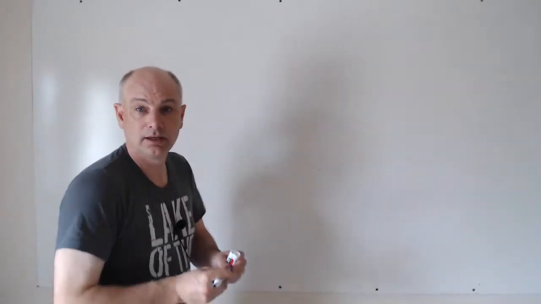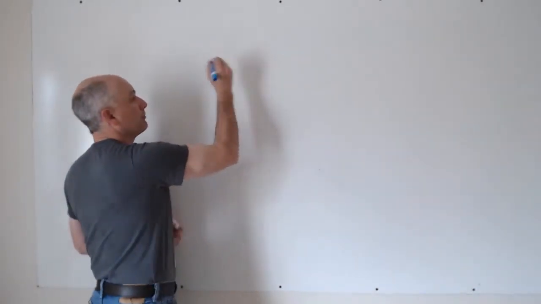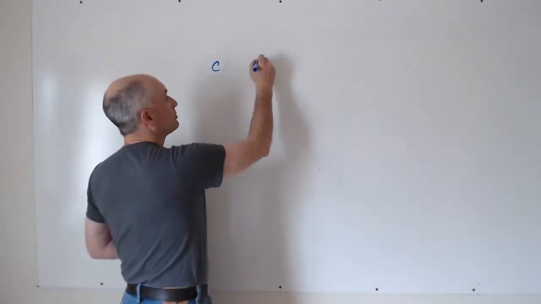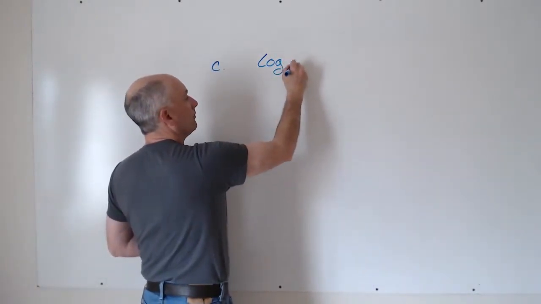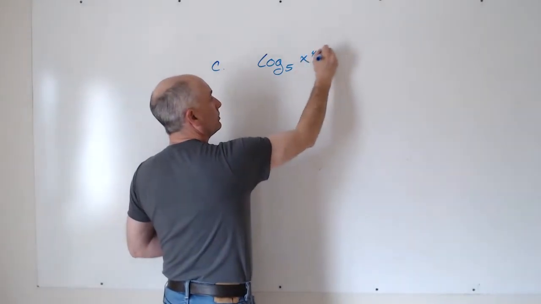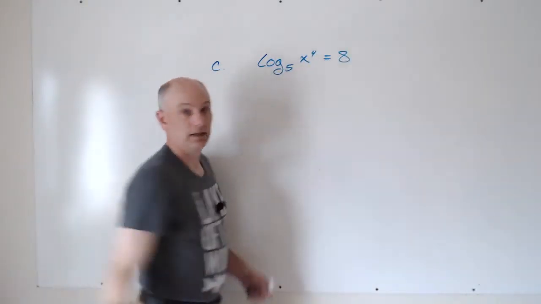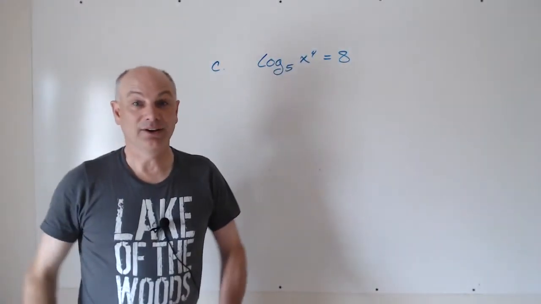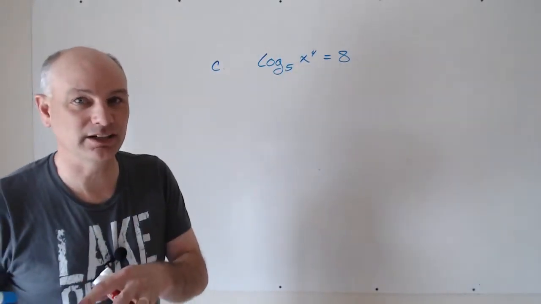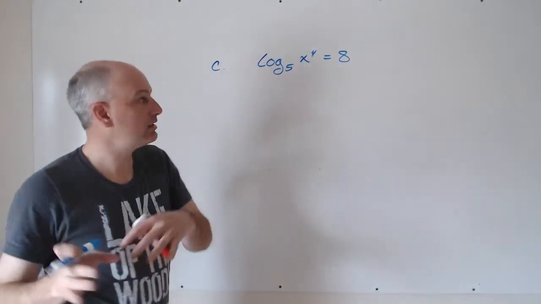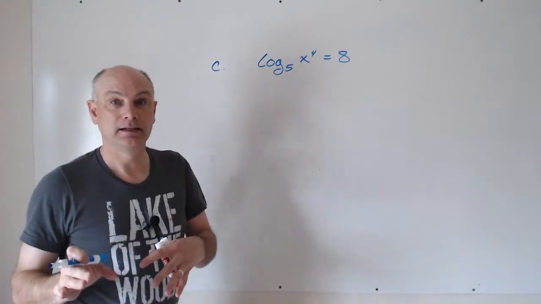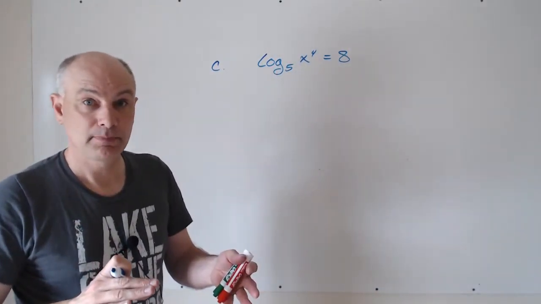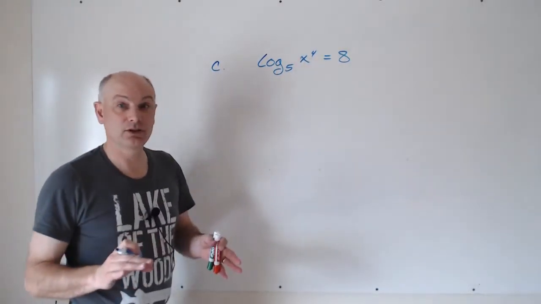There we are. All right, so look at the third one. In the third one, we have log base 5 of x to the fourth is equal to 8. Now, this is an interesting situation. I could, at this point in time, convert. And it may not be such a bad thing to do.